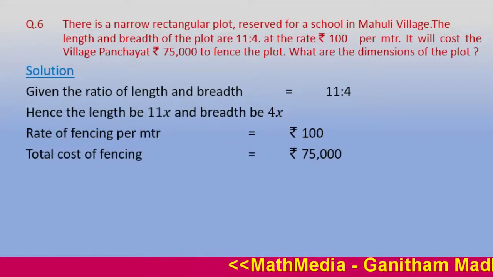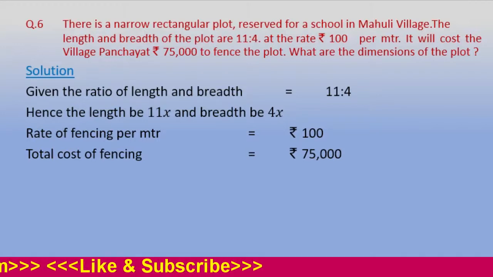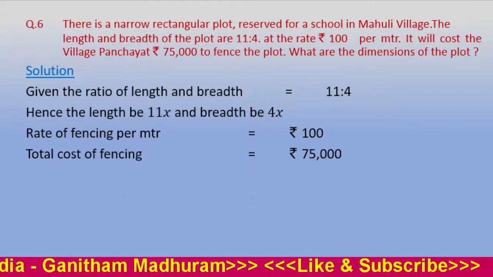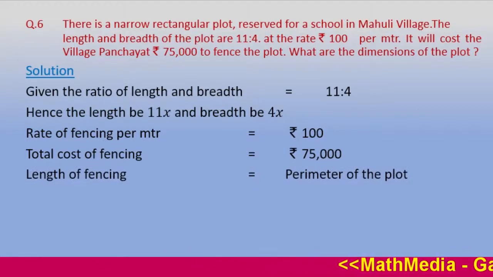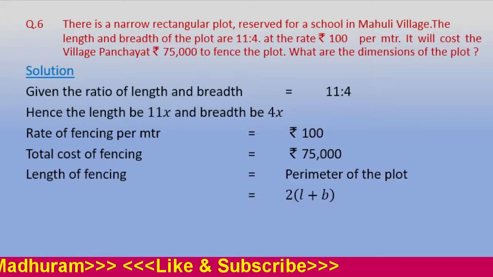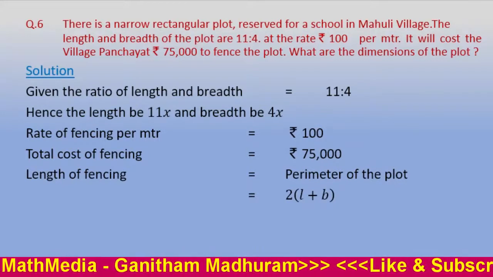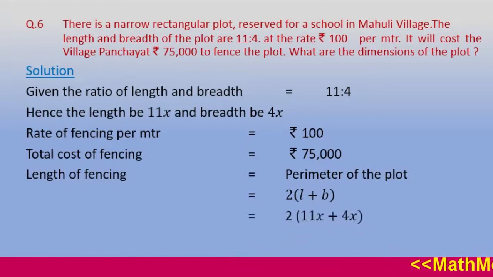Also it is given the total cost of fencing is 75,000. So first of all we want to know the total length of fencing required, which means we have to find the perimeter of the plot. Here it is a rectangular plot, so the perimeter is twice length plus breadth.